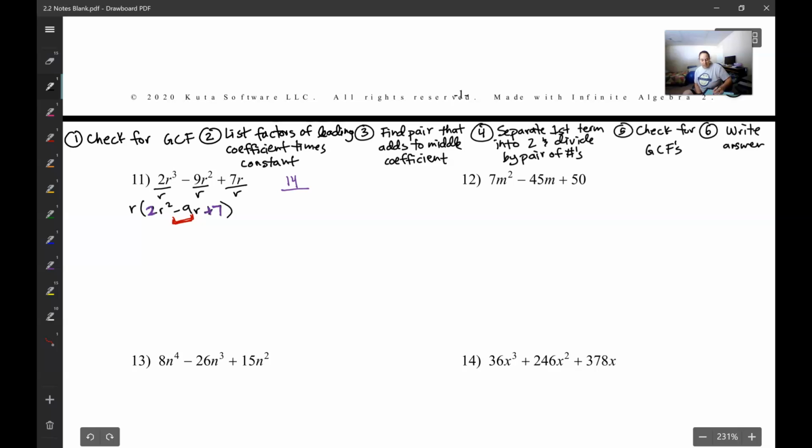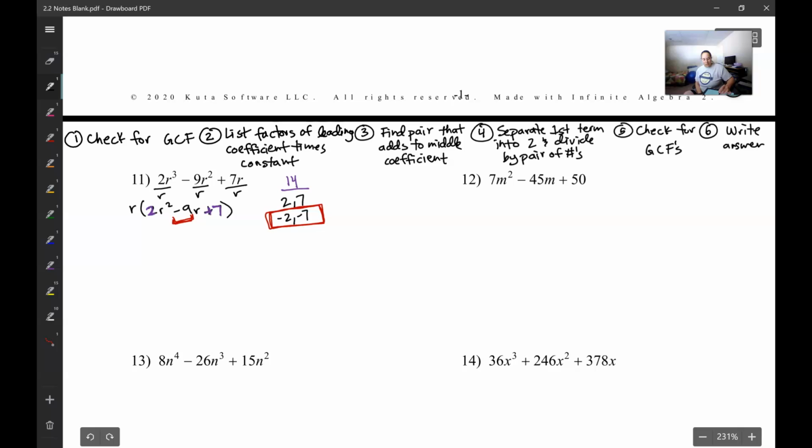So if I'm listing, I know 2 and 7 get me close to 9, but that doesn't get me to negative 9, so I'm going to want negative 2, negative 7. And that will multiply to 14 and add to negative 9. So instead of listing all of them, I'm only listing the ones that I need, so I can start to get faster at this process.